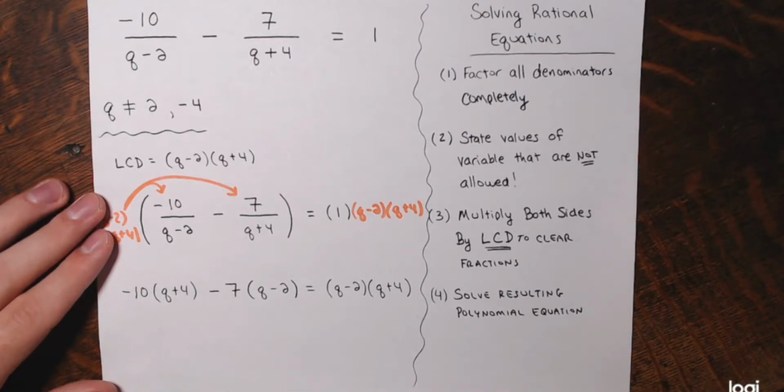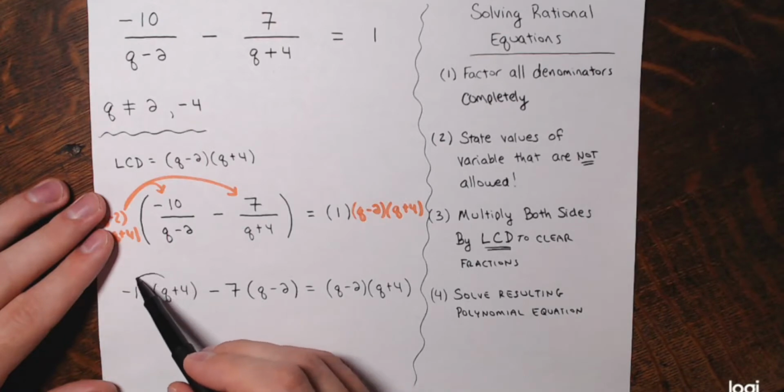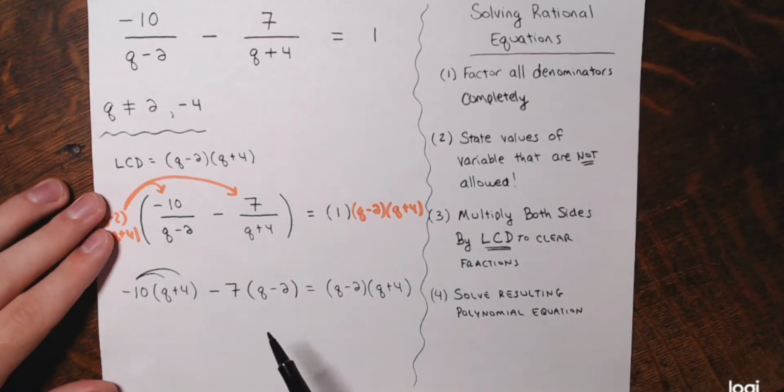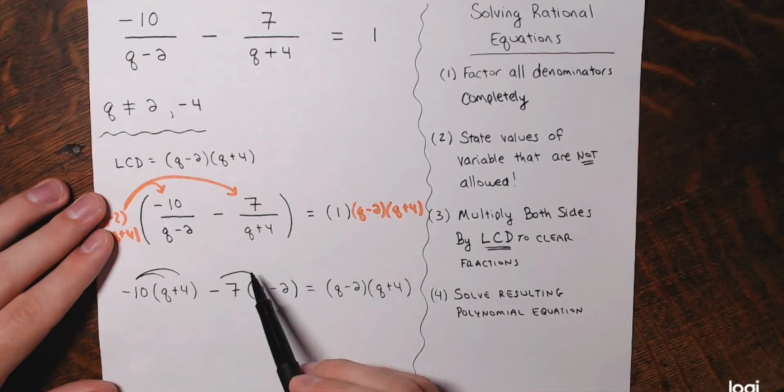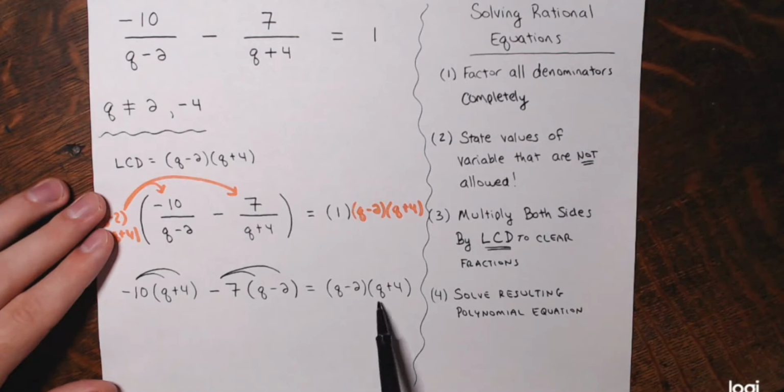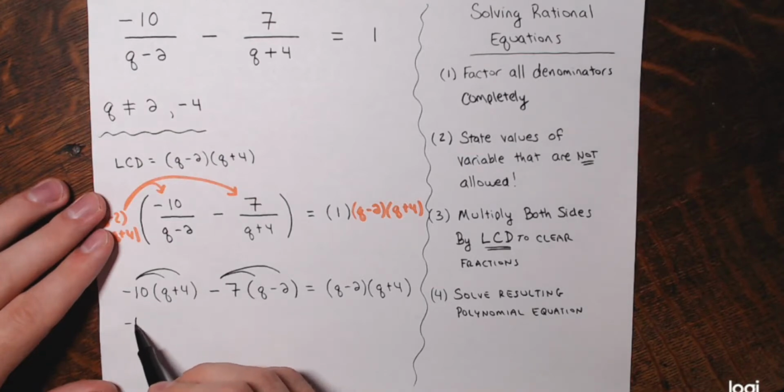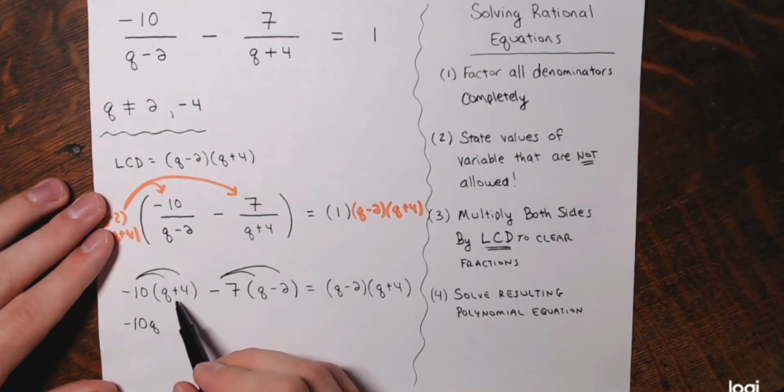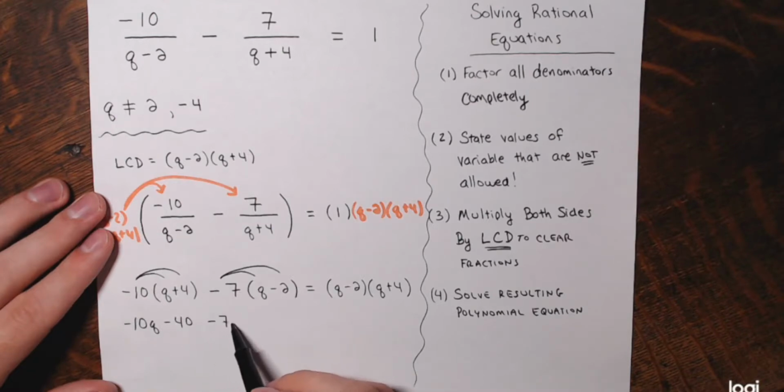So I'm distributing the negative 10 to the q plus 4, distributing the negative 7, don't forget the negative, to the q minus 2, and then over here I'm foiling q minus 2 and q plus 4. So we have negative 10q, minus 40, minus 7q, plus 14 on the left side.